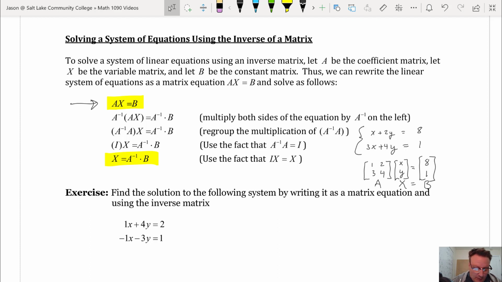And then, in going from here to here, what do we do? Well, notice the only difference is on the left-hand side of the equation, where in the top one, we have parentheses around the AX. And then in this equation, what have we done? We've moved those parentheses around the AX to the A inverse times A.